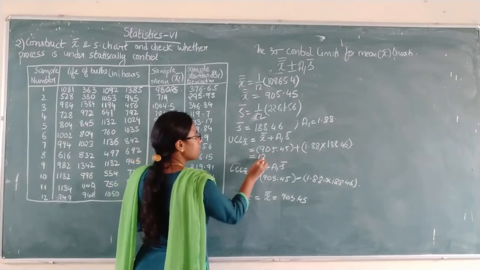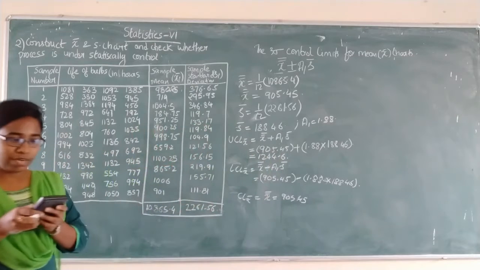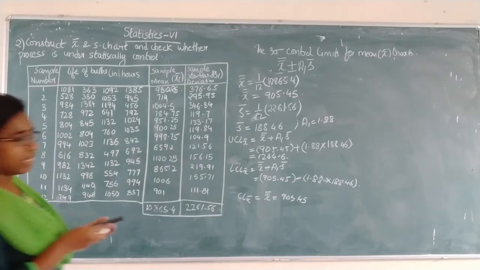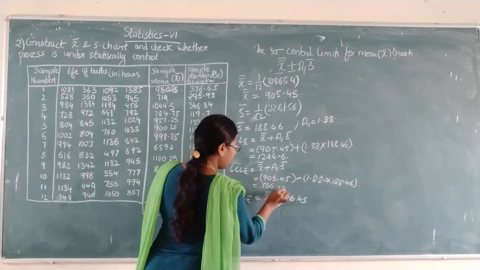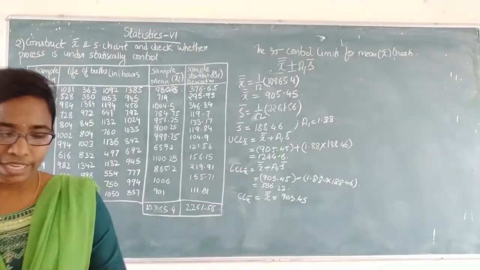So UCL is 1244.6. Now in the same way, in place of plus, you write minus so that you'll get the LCL value as 566.92. Now we have got UCL, LCL and CL values.